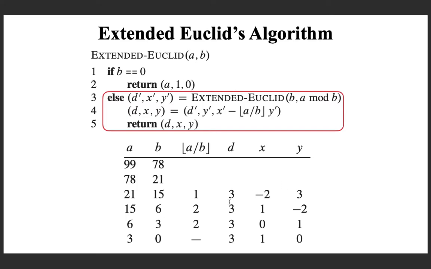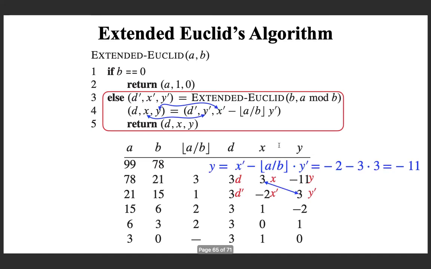Now what will happen? This triplet will become d prime x prime y prime for this function call. So you obtained the values of d, x, y in terms of these. Verify that it is correct. D and d prime are same. X is nothing but y prime, so you are getting x as y prime, and now you are getting y using this formula.